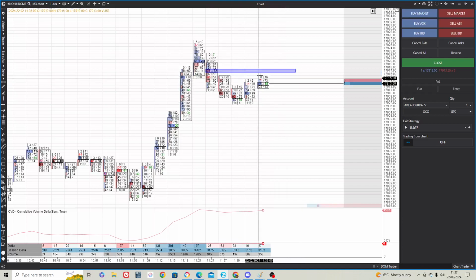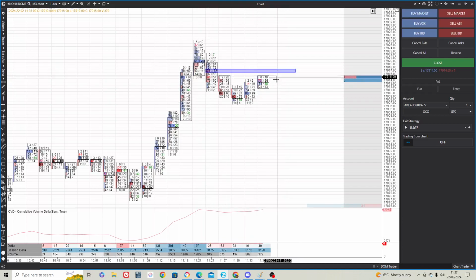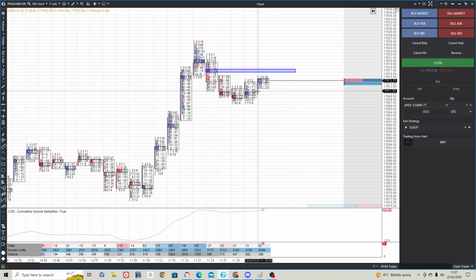Now, I notice we're coming up to test a high volume node at 17917. What's the delta? It's not negative yet. Where did we reject? Kind of around this imbalance on M3.